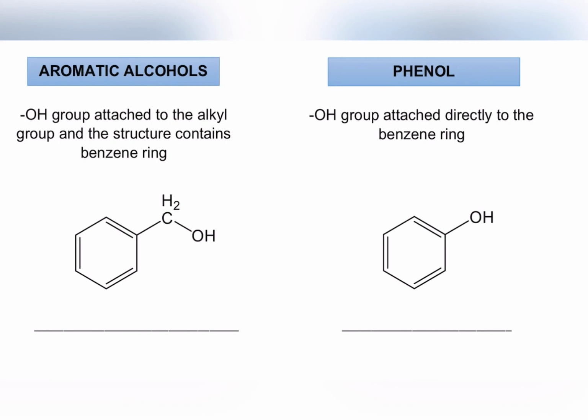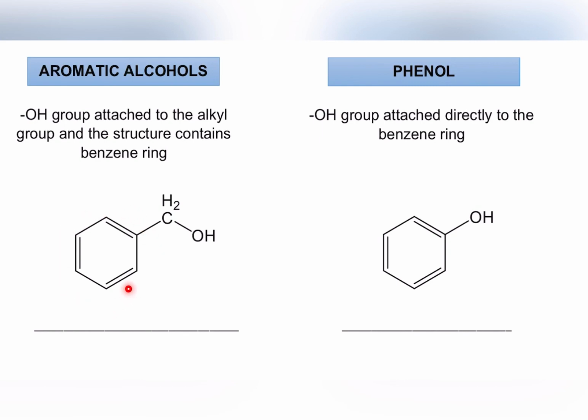Now let's go to the next part. For this case, you have aromatic alcohols where the OH group is attached to the alkyl group and your structure must contain a benzene ring. So you see here OH attached to the alkyl group, my carbon CH2, and this whole thing is the benzene ring.